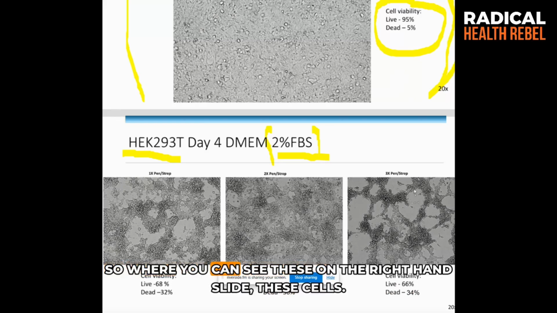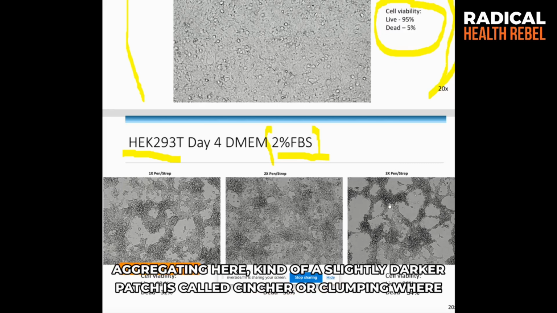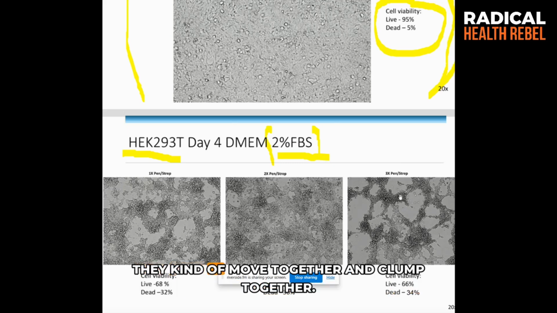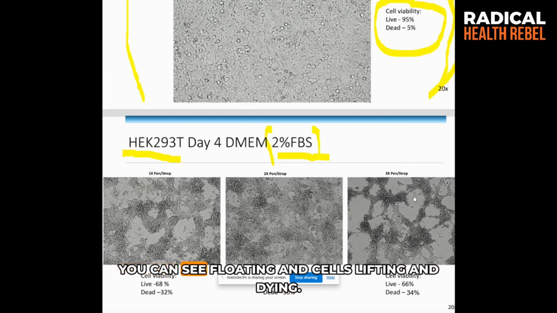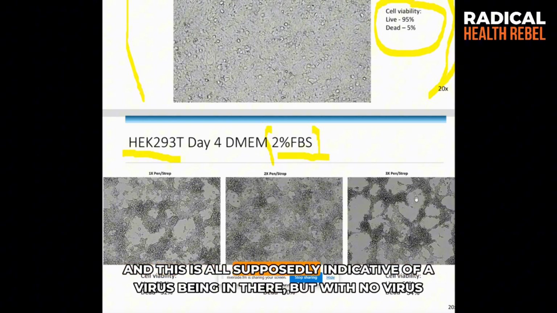So where you can see these on the right hand slide, these cells aggregating here, kind of a slightly darker patch is called cincture or clumping, where they kind of move together and clump together. You can see floating and cells lifting and dying. And this is all supposedly indicative of a virus being in there, but with no virus present.